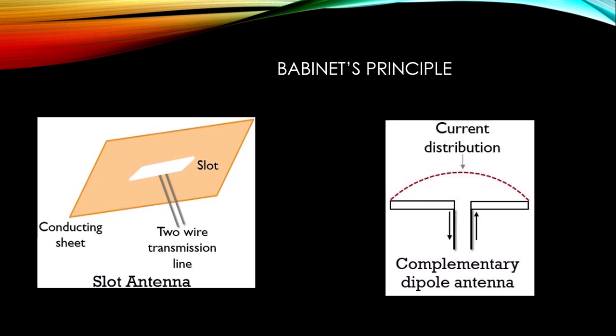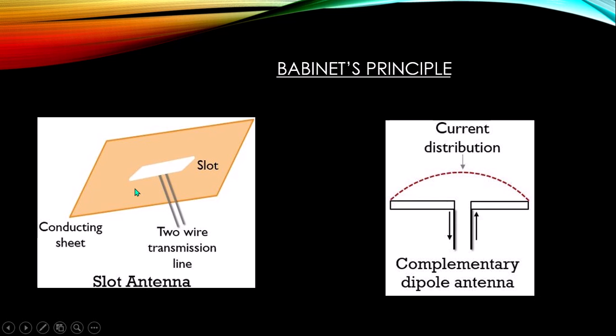However, the slot antenna and the half wave dipole antenna show variation according to the polarization. The slot antenna follows Babinet's principle. Babinet proposed that two complementary screens generate a similar diffraction pattern. This is known as Babinet's principle.